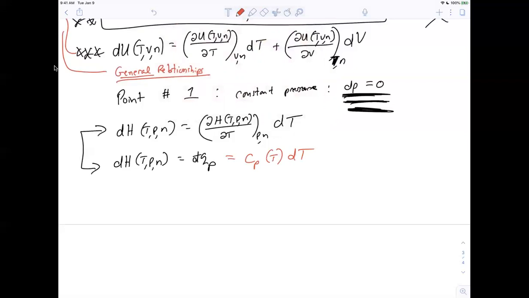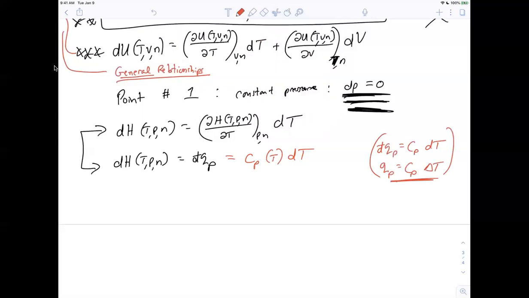So now we have another way of defining this constant pressure heat capacity. Earlier on in your courses, you may have been introduced to heat capacity purely from a phenomenological point of view, where Cp was defined for you through an equation like dQ sub P equals Cp dT, or in another form, Q sub P equals Cp times delta T. You may have seen both of these forms earlier, most likely this one. That's how you were introduced to Cp and what it means.